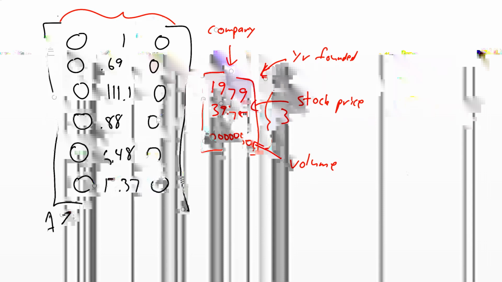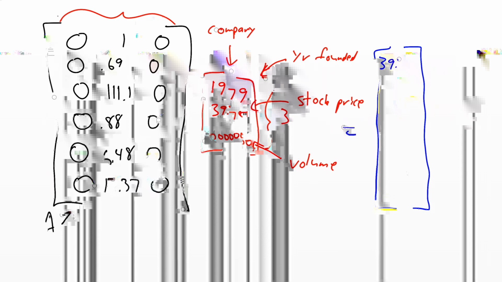What I do when I do this matrix vector multiplication is I get an answer that's going to be, of course, 6-dimensional because it is 6 tall. What I'm going to get in this case is 39.75 and 27.3 and 4,395 and 34.8 and 256.6 and 687.8.